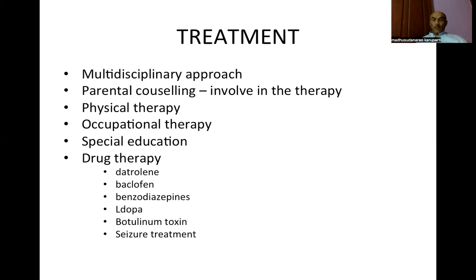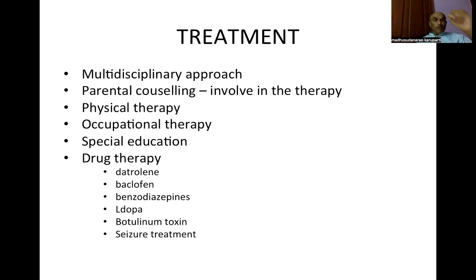And children should be provided with the special education to suit their intellect, and drug therapy in order to improve the movement and motor function. The functional disability can be controlled to some extent by appropriate physiotherapy, and education should be provided according to the intellectual development of the child.